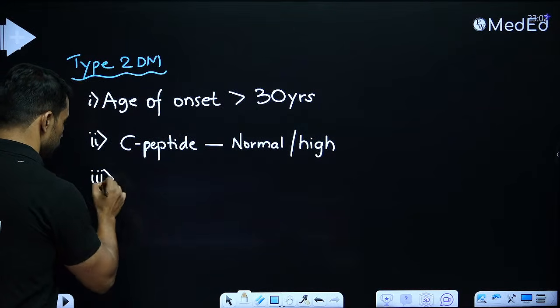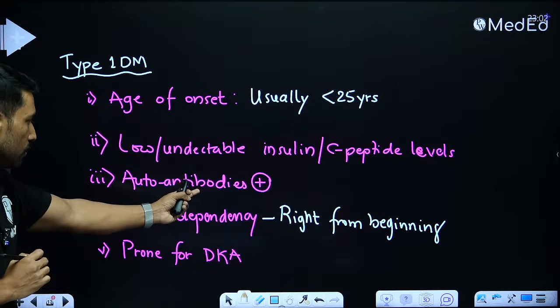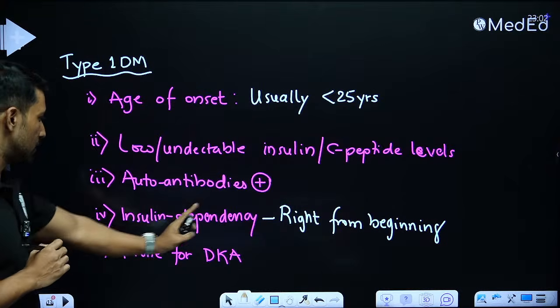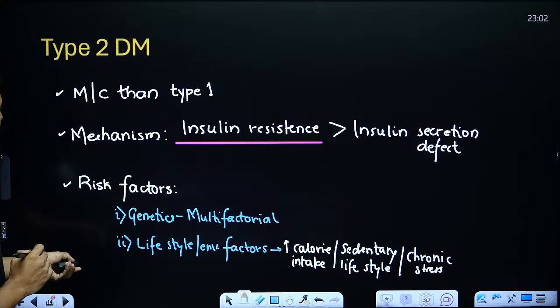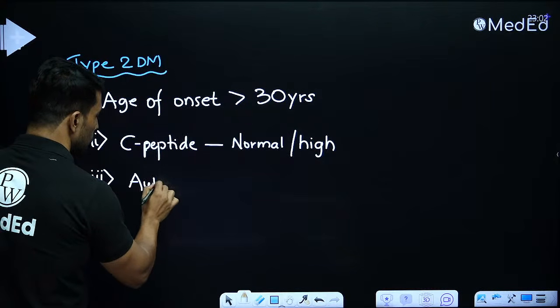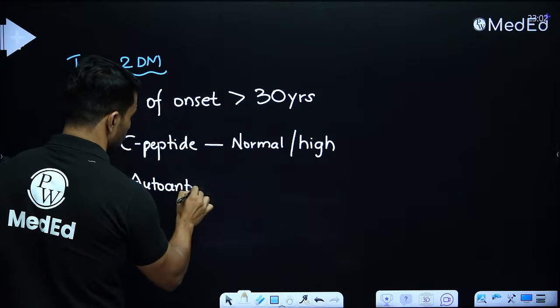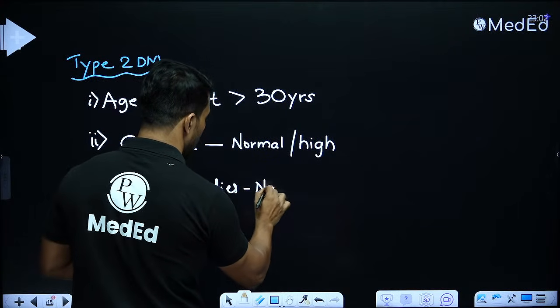Third, in type 1, when we were talking about it, we said autoantibodies are present, insulin dependency is right from the beginning, and these are prone for decay. But when it comes to type 2, right, the autoantibodies will be negative, because here it is not antibody mediated destruction of the pancreatic beta cells.